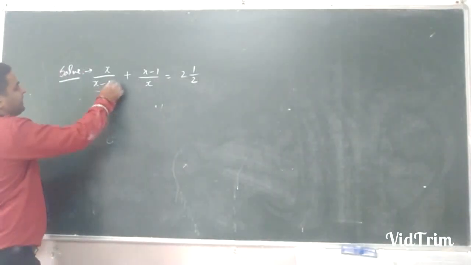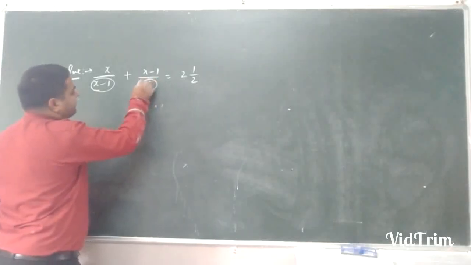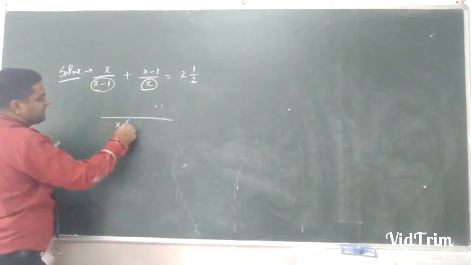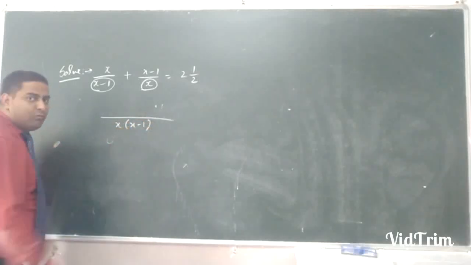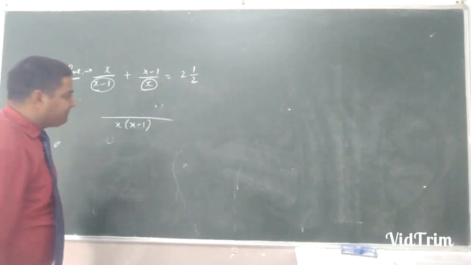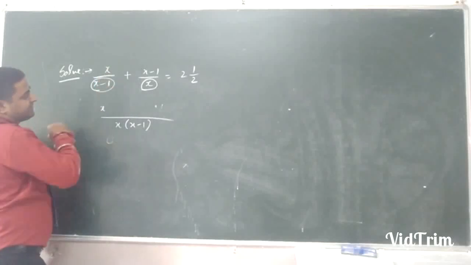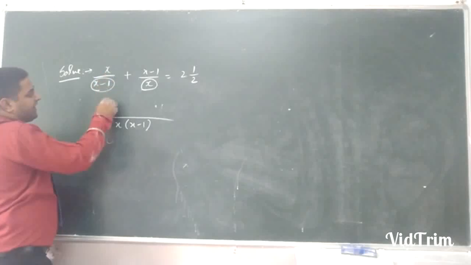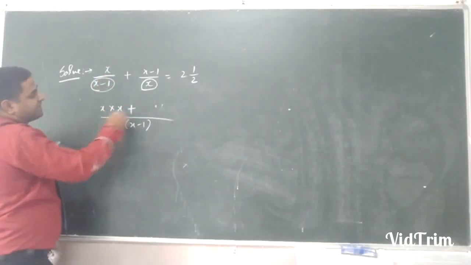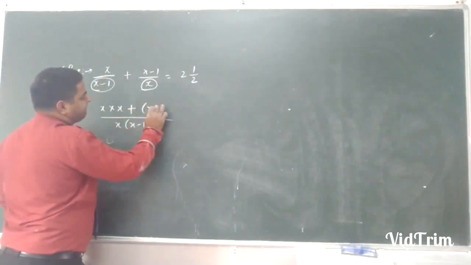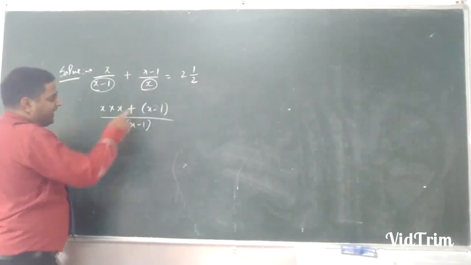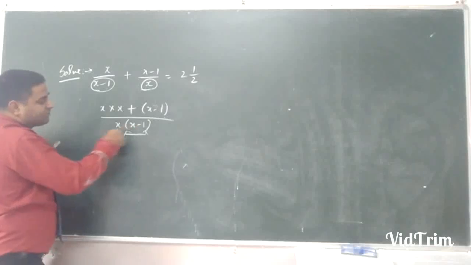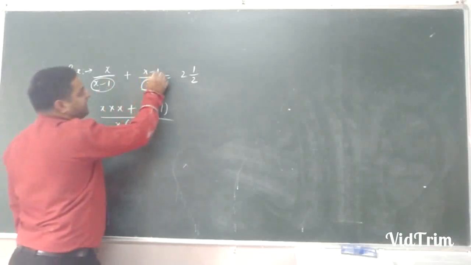First of all, we take the LCM of x minus 1 and x. The LCM of these two is x into x minus 1. Now cross multiply. Here we have x in the numerator, the denominator is x minus 1, so this x should multiply here, plus x minus 1. In the denominator we have x, and we want x minus 1, so this x minus 1 multiplies here.